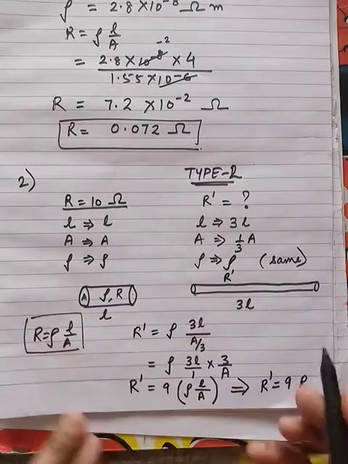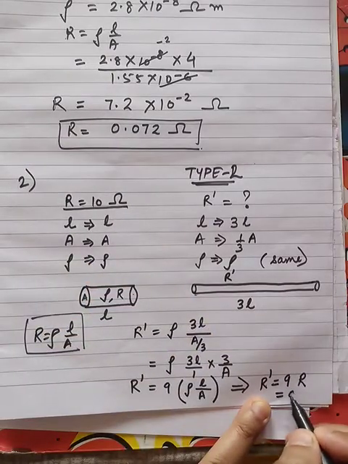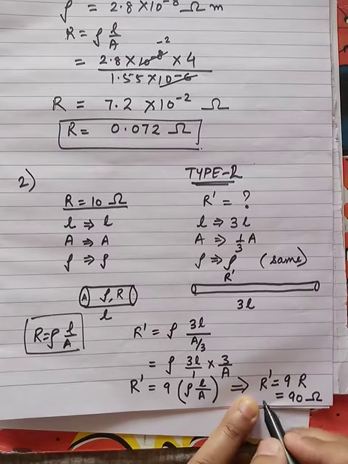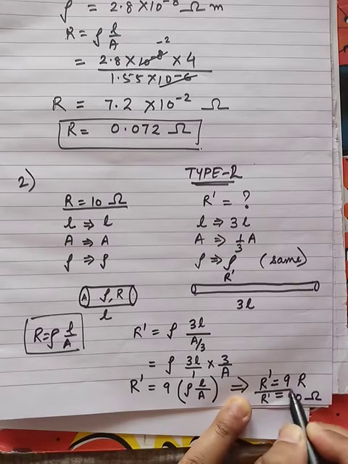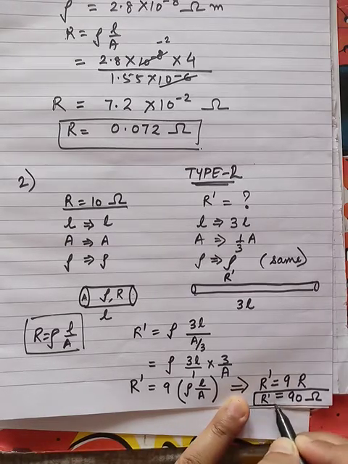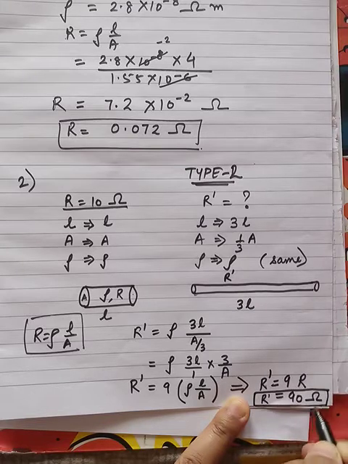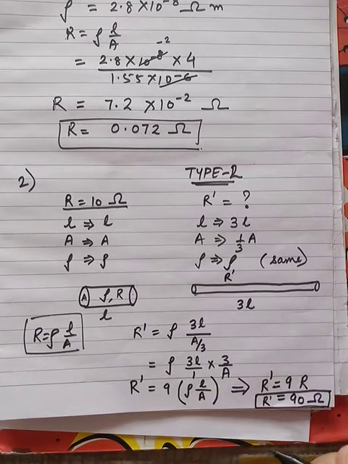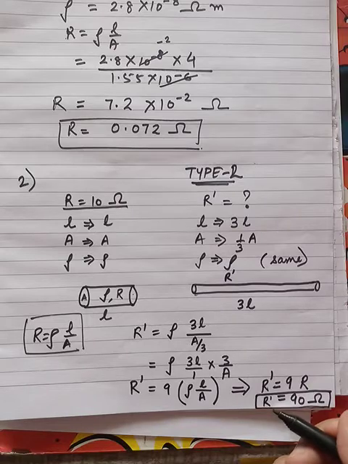R is 10 ohms, so it will be 90 ohm. So R dash is 90 ohm. Right, this is how we will do the type 2 question.